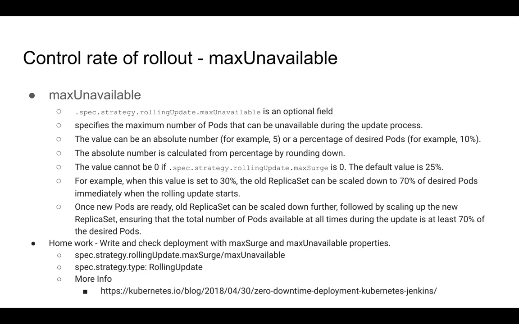So if the number of replicas is 3 and you are scaling down to 70%, which is 2.1, and rounding it down, it becomes 2. So 2 have to be available at all times.